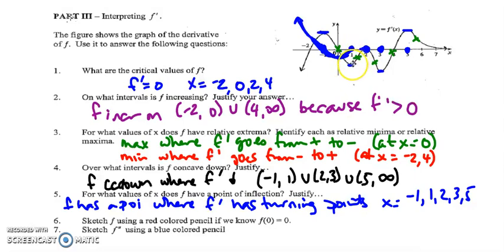My derivative will be positive because the function's increasing, and my derivative will be increasing because the function's concave up. Then I have a change in concavity, so I have a turning point there to get back to the zero. This little section, once again, the function is decreasing and concave down, so the derivative is negative and decreasing.